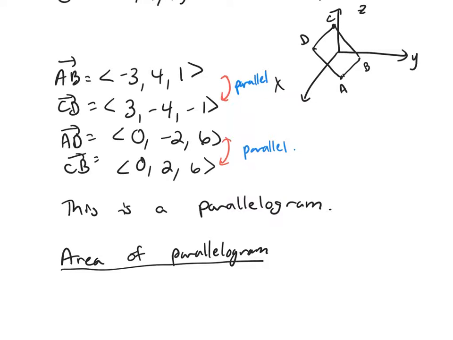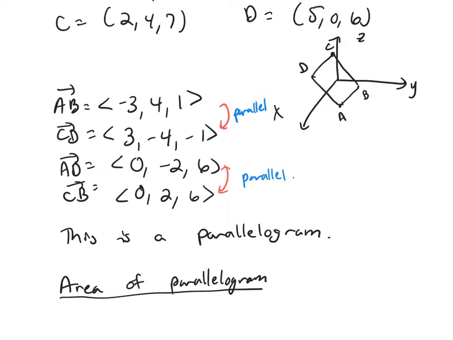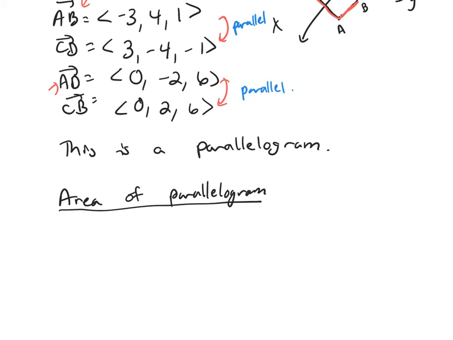If I take the vector AB, that'll be this side right here. And then if I take AD, that will be the other side of my parallelogram. So I'm going to compute the cross product of those two vectors, AB crossed with AD.